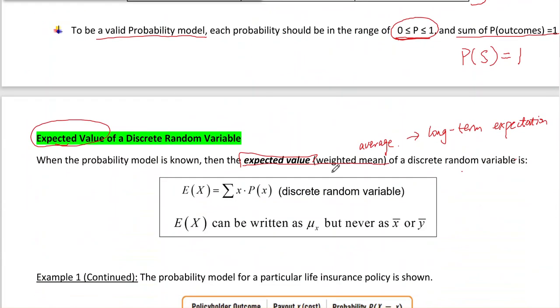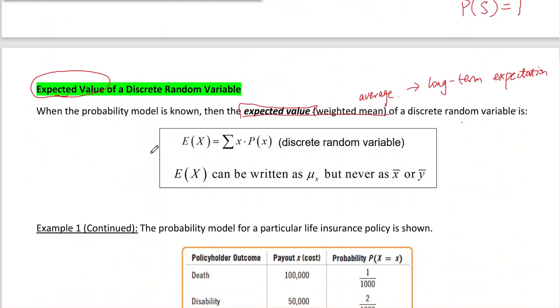So then we need to calculate the expected value. So what is the expected value? We have the formula of the expected value. We use E of X. So this X is the variable's name. We just use X to represent the variable's name, right?